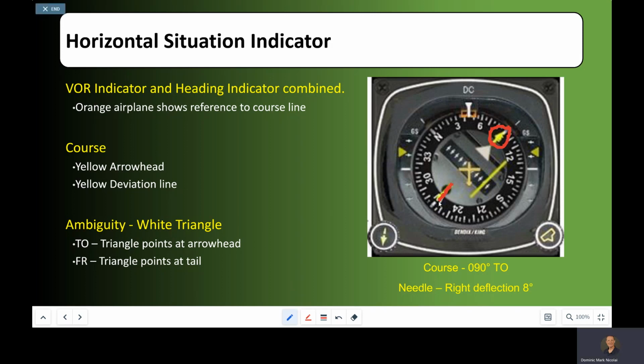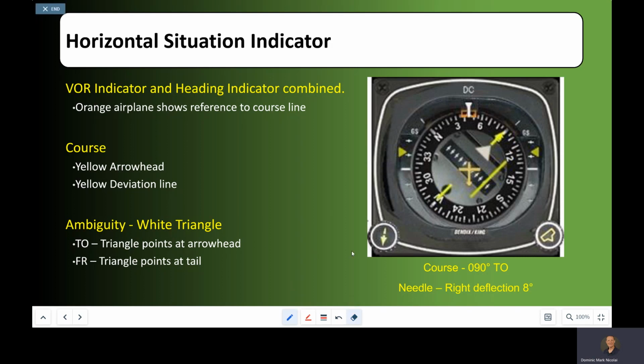There's a tail to that course line here. And there's also a deviation indicator. This one is approximately 8 degrees deflected to the right. I know it's a right deflection because I'm clockwise from the arrowhead here. And then I have a to-from indicator.